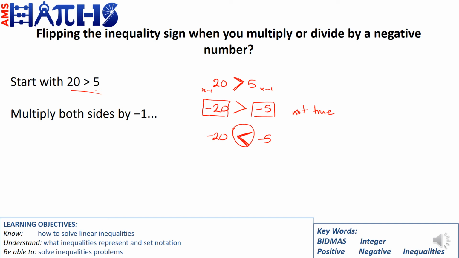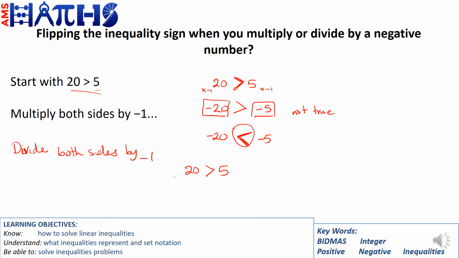Okay, if we do it with division as well, if we use the same inequality, so if we divide both sides by -1, then we start with the same 20 greater than 5, which is a true statement.